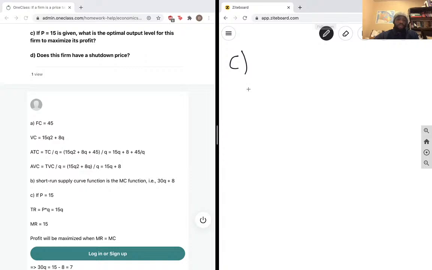So we have the total revenue function, which is P multiplied by Q, which is also equal to 15Q. And therefore, marginal revenue is equal to 15.